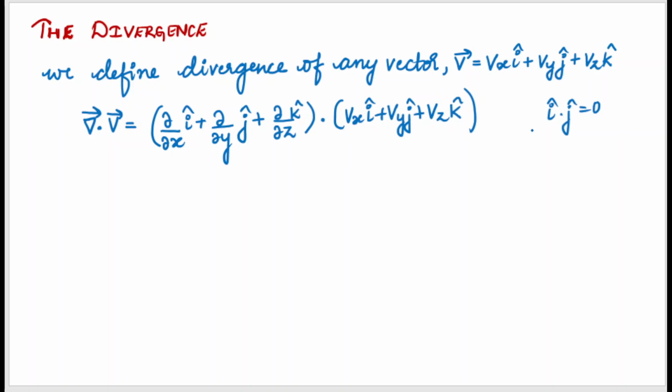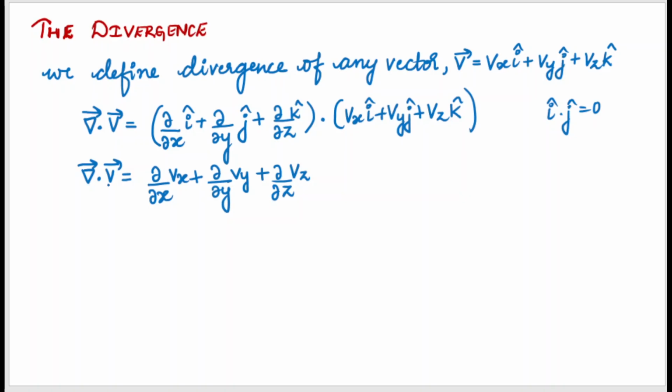According to this, I can write it as dou divided by dou x of vx plus dou divided by dou y of vy plus dou divided by dou z of vz. This is the way to define the divergence of v vector.